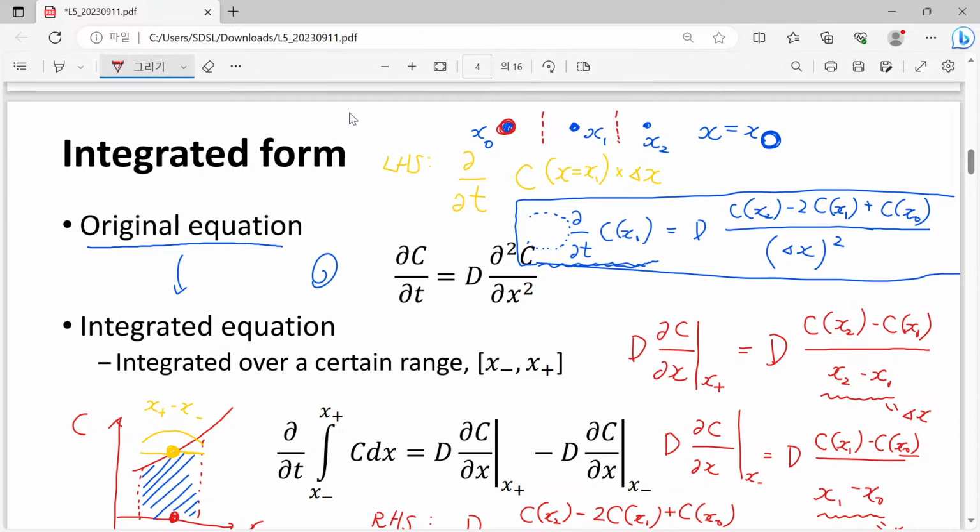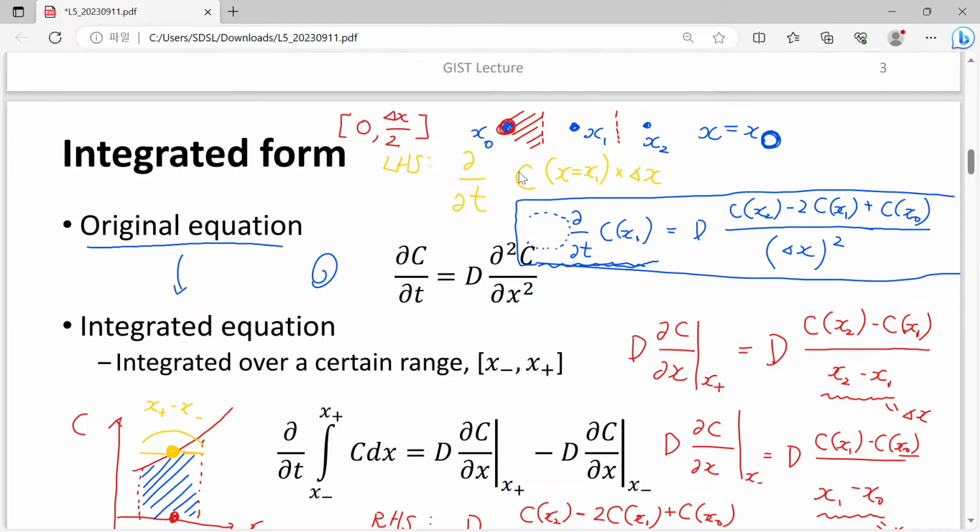The integration range should be, as all of you can quite easily expect, starting from 0 and ending at half of delta x. I mean that this red shaded area should be the integration area for our center node x sub 0. Okay, so are you with me? Some of you can say, why don't you just introduce integration over this one?